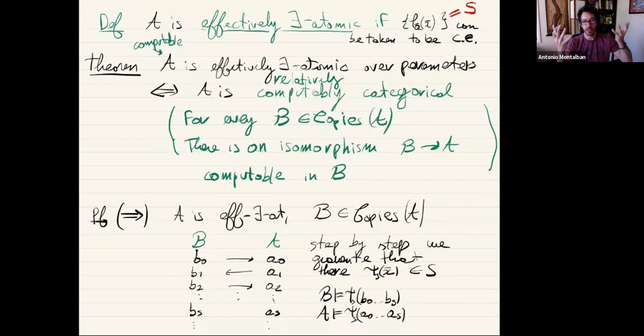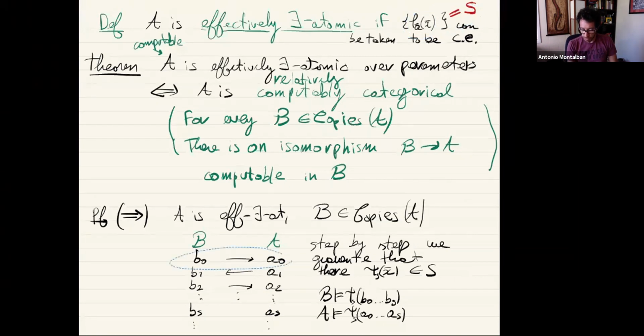So if two tuples satisfy the same formula, that means they are automorphic if in the same structure. If they are in different structures, they are isomorphic. So if you satisfy the same formula from the family, you're isomorphic. So that means you're on track. You're going in the right direction.